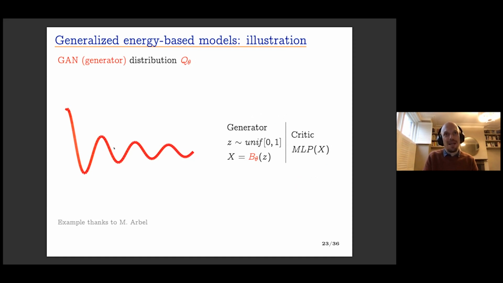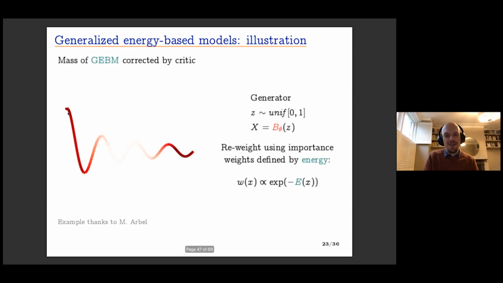One of the reasons for that mismatch is that the GAN could be placing too much mass on some parts of the support and too little mass on other parts. And what we're going to see is that the critic function will give us an energy function, which will allow us to do importance weighting on that support. So allow us to place more mass at the ends in this case and less mass in the middle.